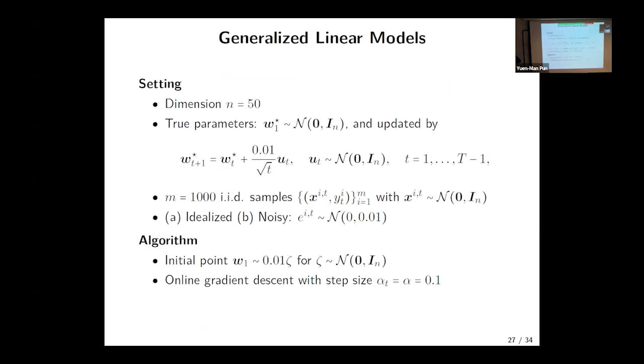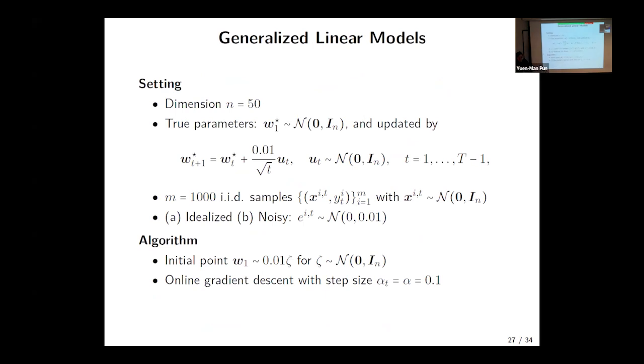Now let's see some numerical results. Assume that the ground truth is moving slowly and slowly. And we see there's a square root t here. So the cumulative path variation is growing sublinearly. We consider two cases. One is idealized, so there's no noise. One is noisy, there's some noise.